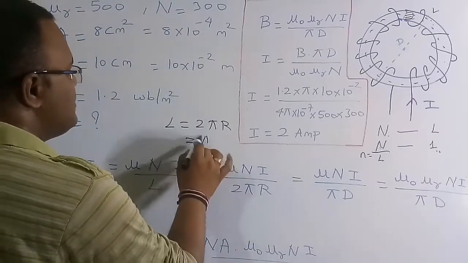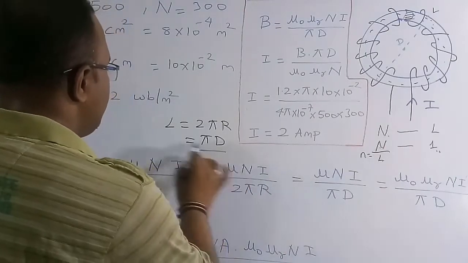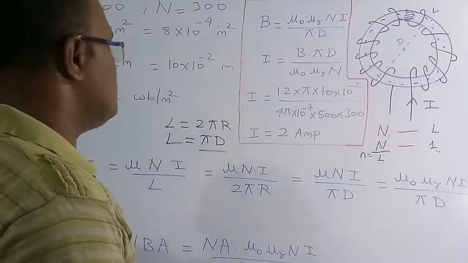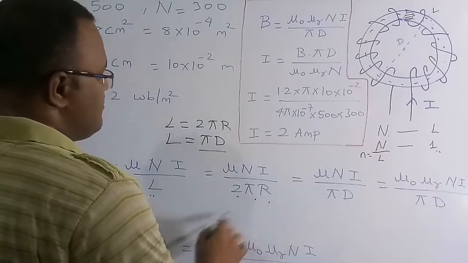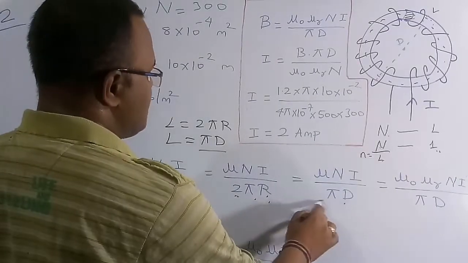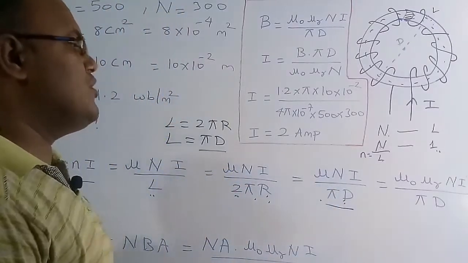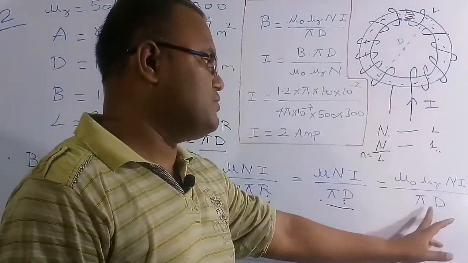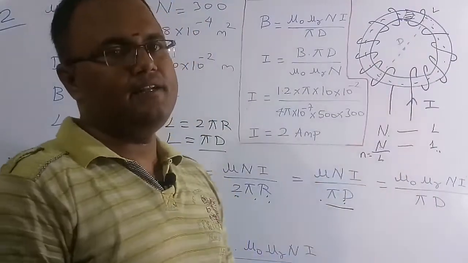Therefore the length L is equal to pi into d, and everything else remains the same. So B is equal to mu naught mu r into N I by pi d. This is the overall expression of the magnetic field present in this iron ring.